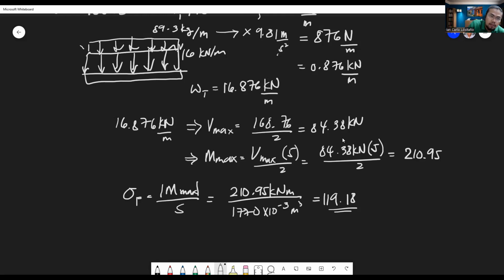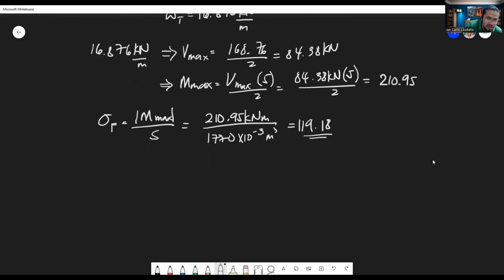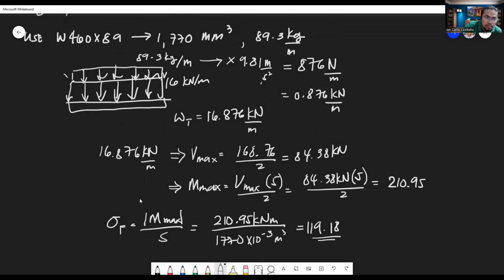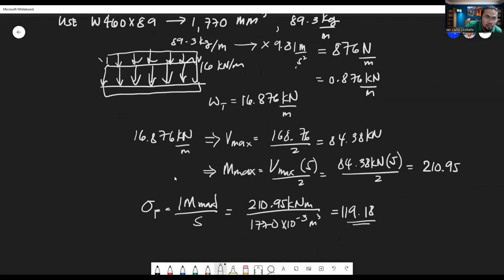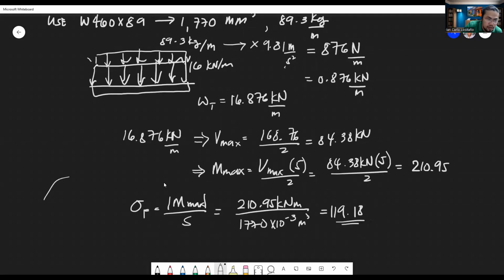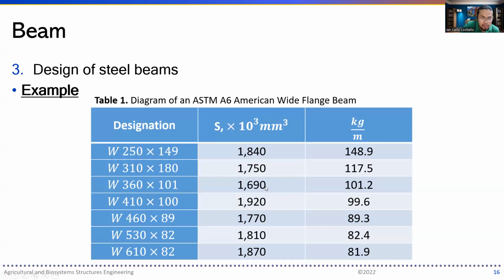But maybe there's a need to have some safety factor. So let's try to choose another beam, a beam design, the choice of wide flange beam. We try to use a much smaller one, the 610 by 82.